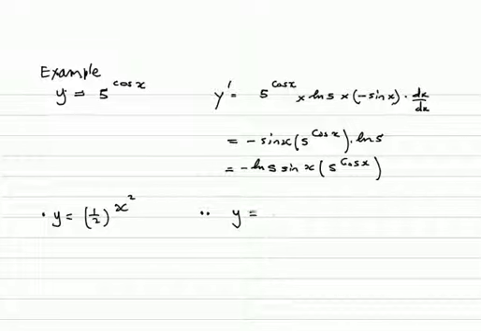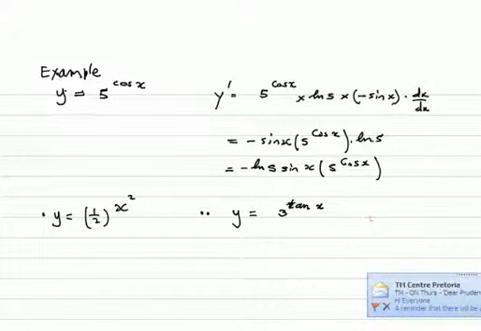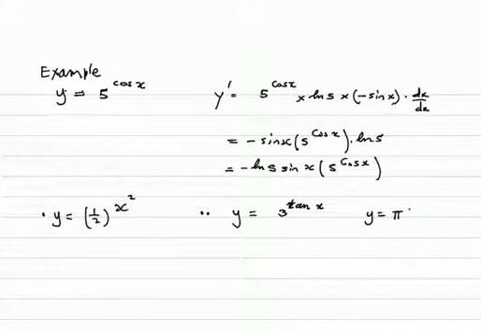Another one can write y is equals to 3 to the power tan x, and y is equals to pi to the power x. And similar examples you can find in some other textbooks, just to practice this concept.